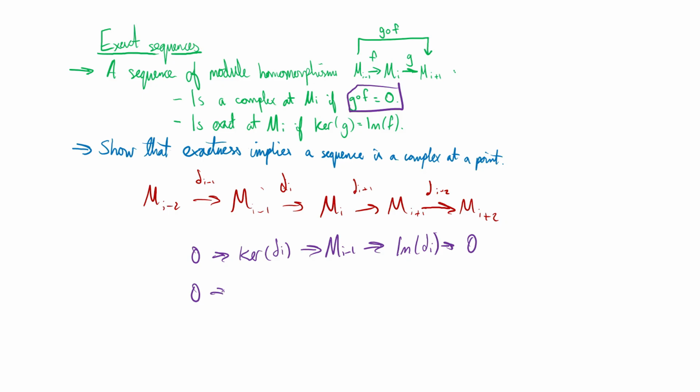And then you have 0 into the image of di minus 1 into, I'm just going to write question mark, into kernel of di into 0. These are two short exact sequences if we assume this is a complex.